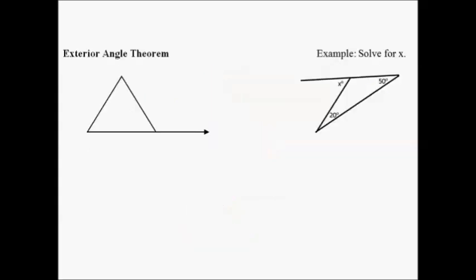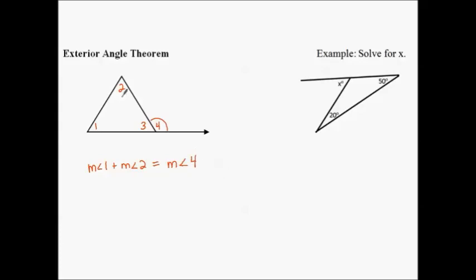So let's go back to our notes and write the exterior angle theorem. The exterior angle theorem tells us if I have two interior angles, the measure of those two interior angles that are far away from this exterior angle, let's call this interior angle angle 3 and this exterior angle 4, then the sum of those two interior angles will add up to the measure of that exterior angle.